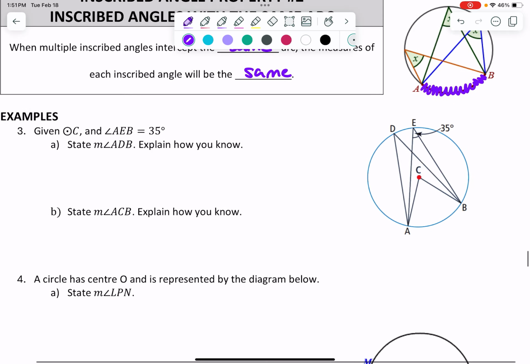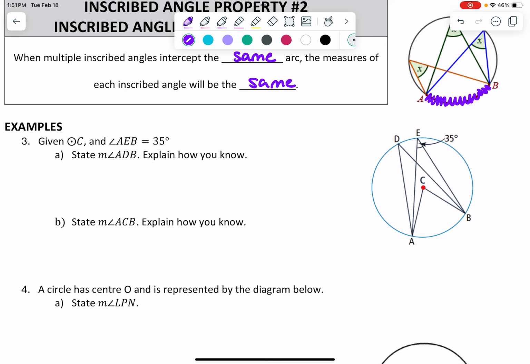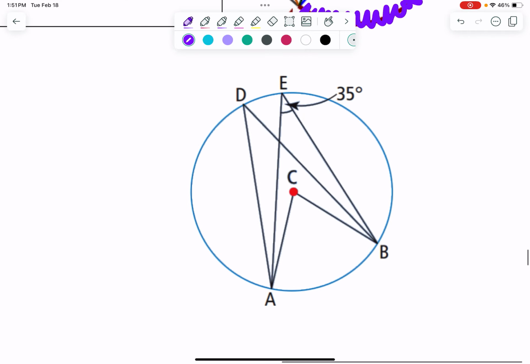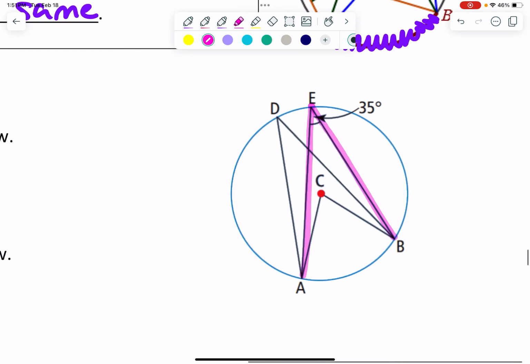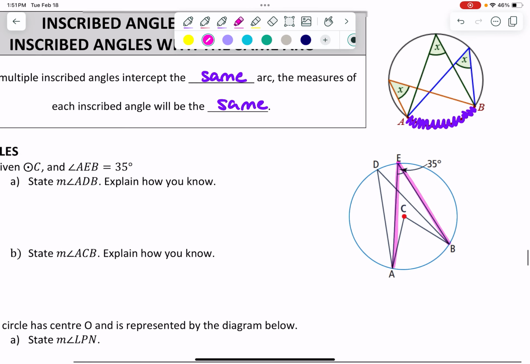Okay, let's take a look at an example. Before I even start, I like to take a look at the diagram and see what I've got. So I can see that I have an inscribed angle here that opens up to arc AB, or intercepts arc AB, and I know the measure of it to be 35 degrees. What I want to do is find the measure of angle ADB.